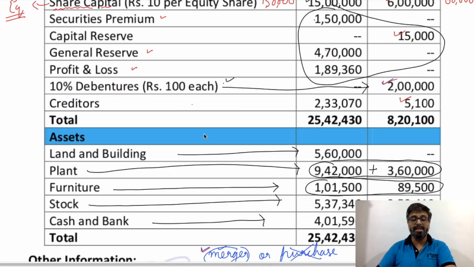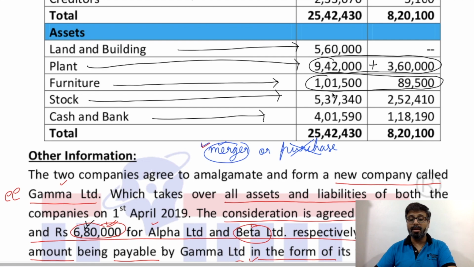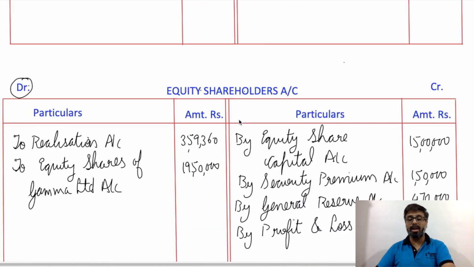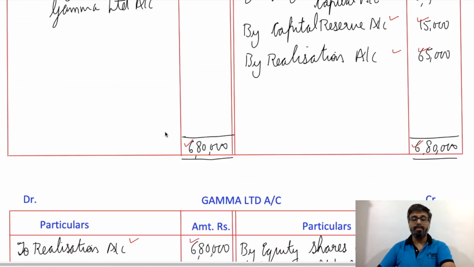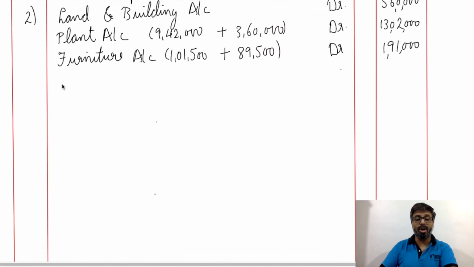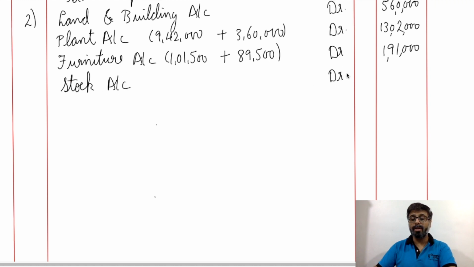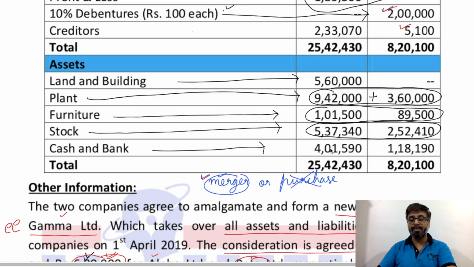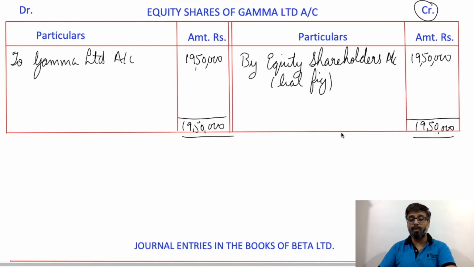Then after furniture, which is the next asset? Stock. Again with the total amount of both the companies. So stock account debit. Okay, after furniture write down stock account debit with what amount? Alpha Limited's stock is 537,340.